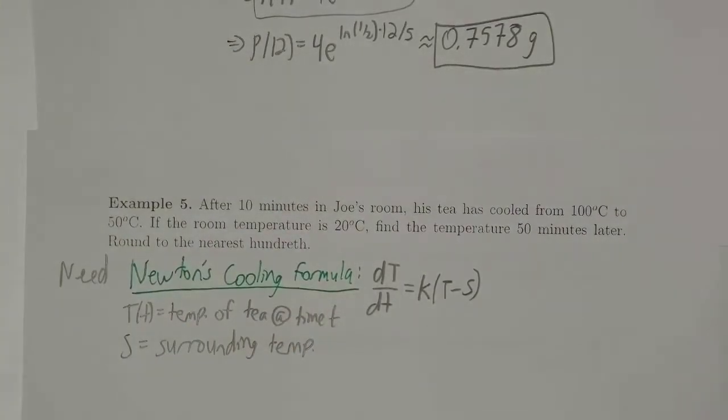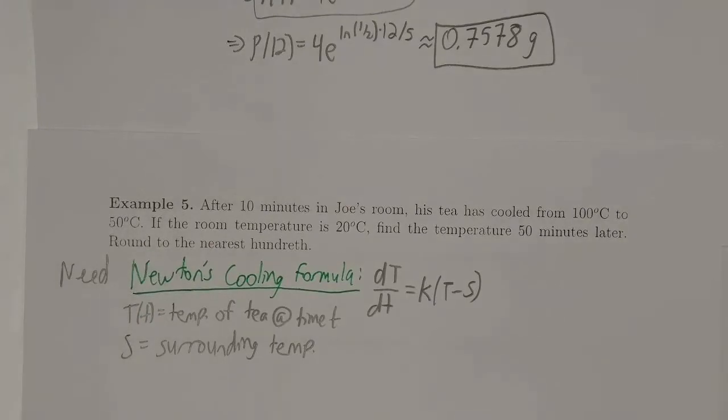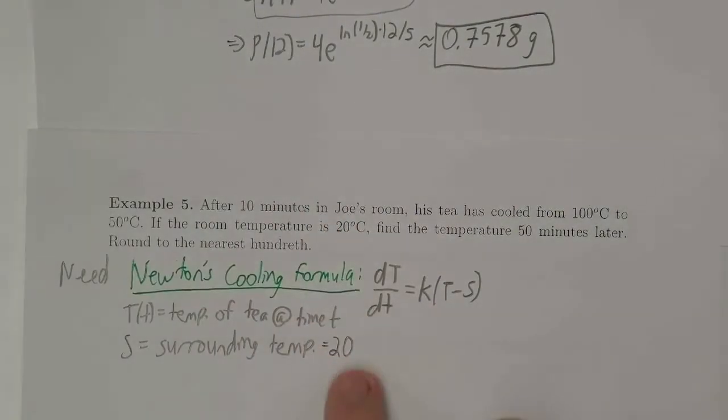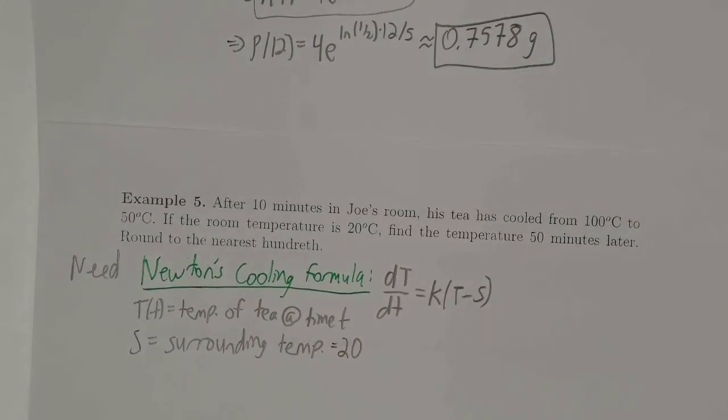Okay. Now, thankfully, the problem actually gives us S pretty quickly as the room, or in this case, surrounding temperature. So in this case, we just have 20 degrees as our surrounding temperature.